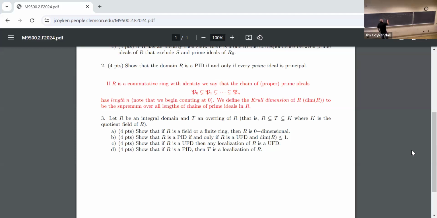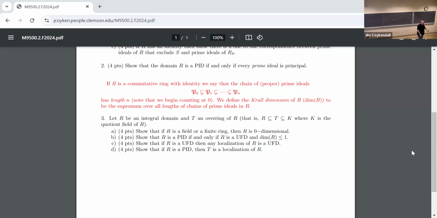Now suppose each prime ideal of R is finitely generated. So this is going to be the strategy of my proof.